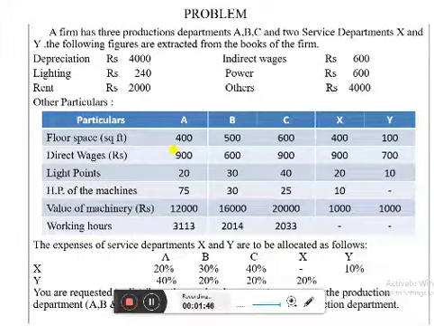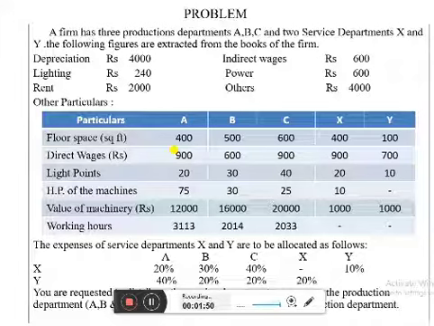And horsepower of the machines, for A it is 75, B 30, C 25, X 10 and dash, so nothing for Y. Next, value of machinery in rupees is 12,000, 16,000, 20,000, 1,000, 1,000.